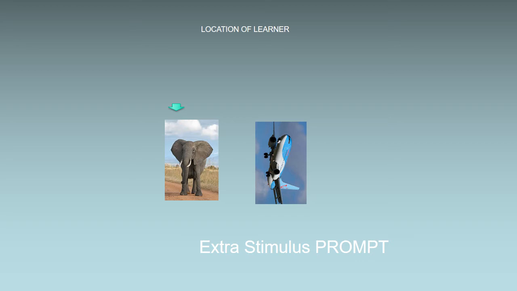So as I fade that back, I can test it without the presence of a prompt. I can say touch the elephant, and if they are able to touch that elephant without the presence of that arrow, I can say that I've transferred the control of the stimulus, the arrow, to my more naturally occurring, me saying touch the elephant, the SD. I can say that a stimulus was transferred.